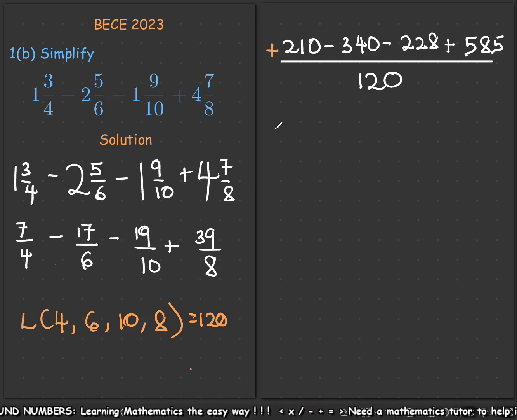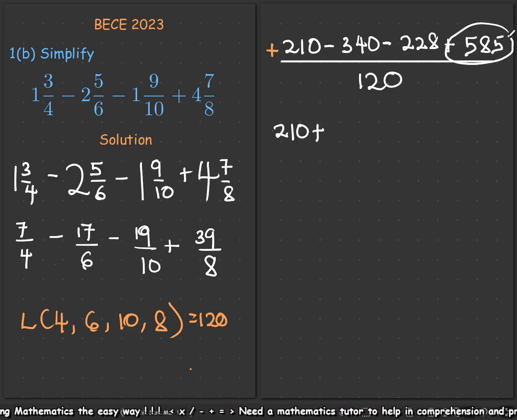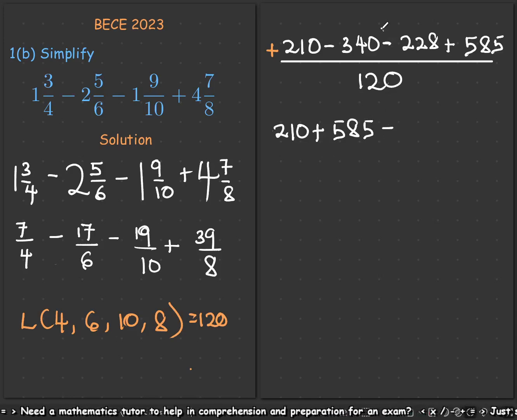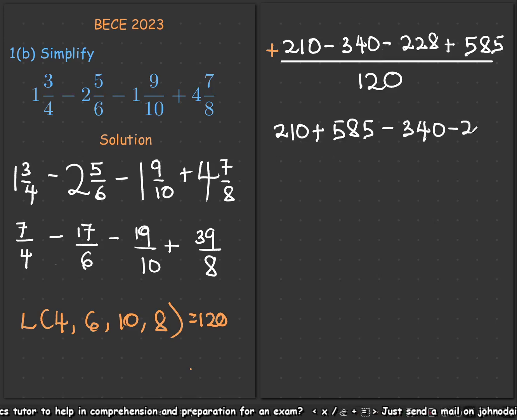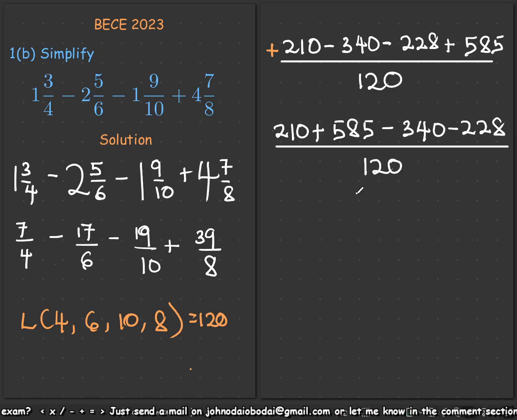So this here is a positive 210 plus 585. Then minus 340 minus 228. Now, what I want you to take note of is that as we are moving each number, we are doing so with the sign in front of it. If you do anything otherwise, it becomes wrong.